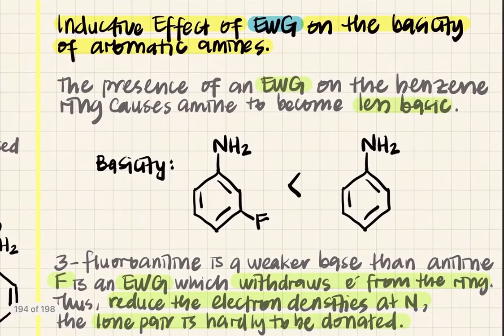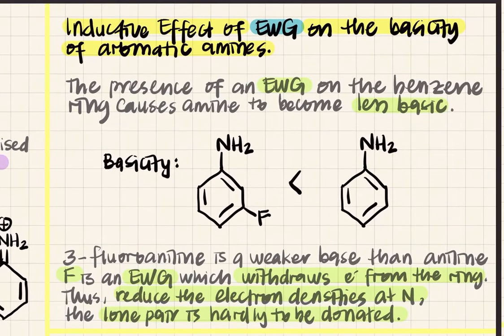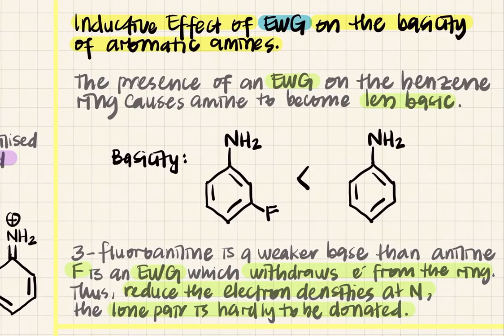Okay, now we're going to look at inductive effect, okay, of EWG if you have electron withdrawing group on your aniline or aromatic amines. So what happens when you attach an electron withdrawing group on your aniline? It will make your amine less basic. Okay, why is that? Electron withdrawing group, that means that you are going to pull electron towards the electron withdrawing group.